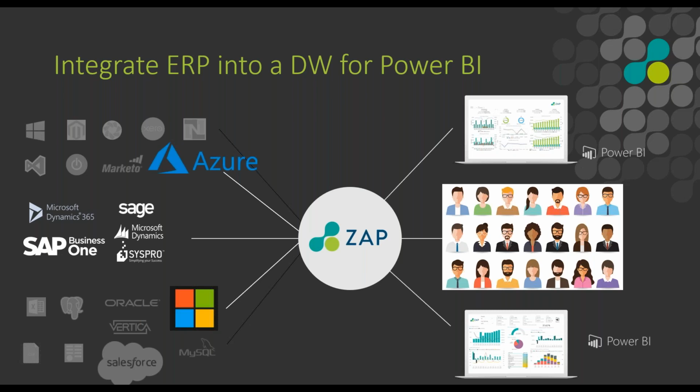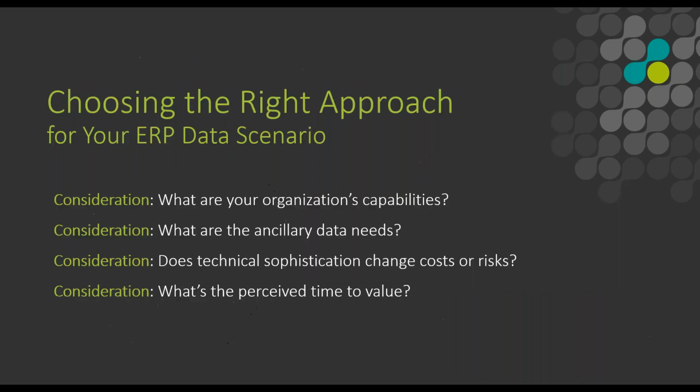But furthermore, we can connect to other sources of data and bring that into one single place. That single platform for data then can be the underpinnings of your Power BI reporting and really can satisfy a broad number of constituents that sit around or possibly outside of your organization as well.